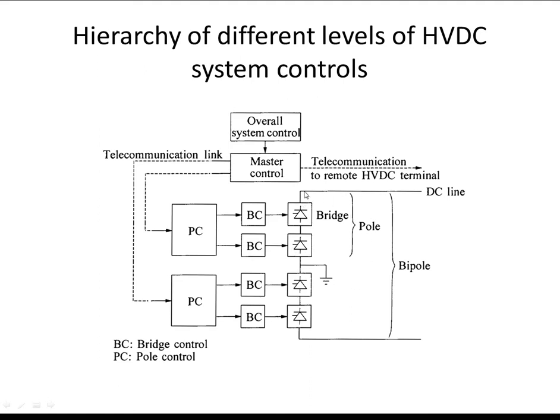These two bridges and this line make one pole, and these two bridges with this line make the second pole. Each pole should function as independently as possible. Control and protection functions should be segregated and implemented at the lowest possible level of the hierarchy in this type of HVDC system.